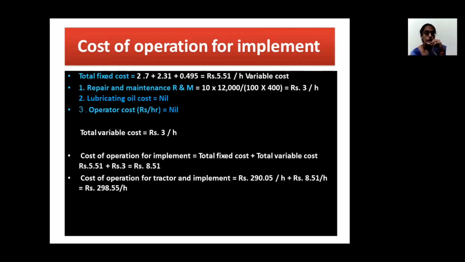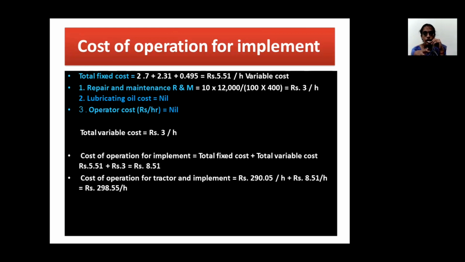The operator cost is also not included, because the operator and operating costs are charged with the tractor only and don't depend upon the attached implements. The total variable cost for an attached implement is calculated with the repair and maintenance charge only. These are the terms you have to note down while calculating any cost for a tractor with attached implements.